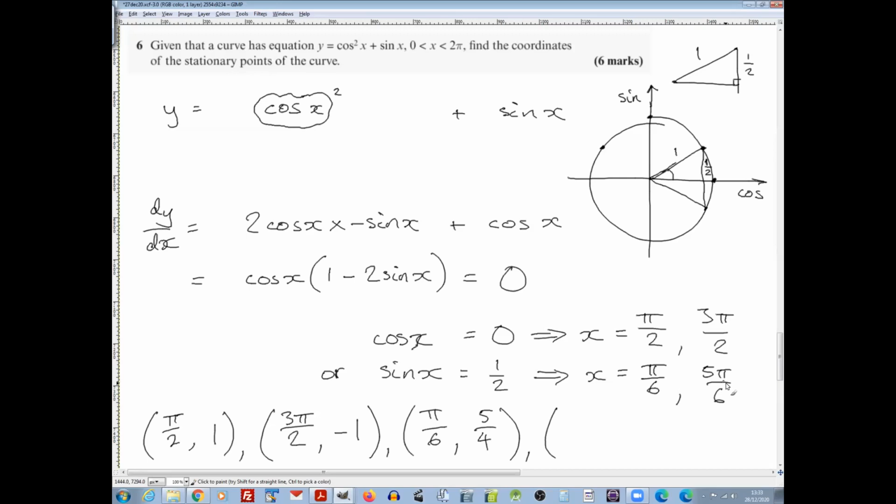It's minus root 3 over 4. Yes. So cos squared of 10 o'clock is going to be minus 3/4.